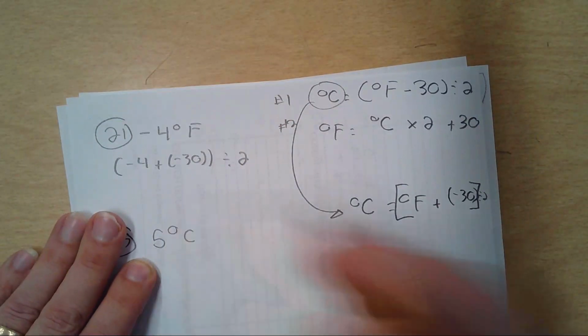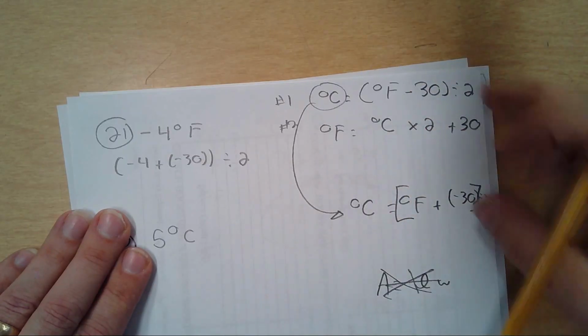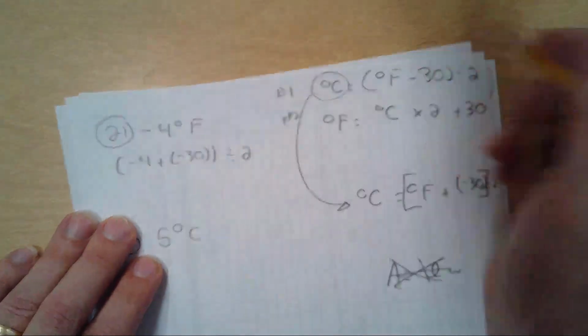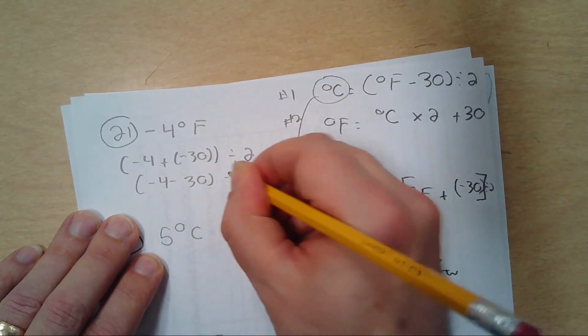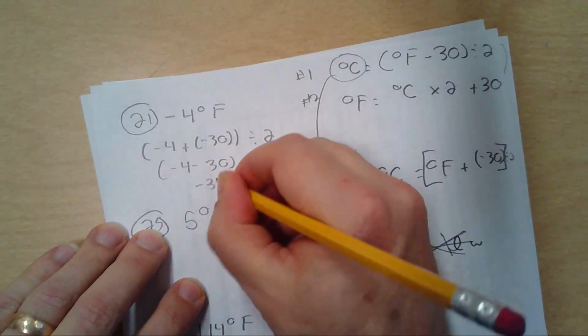So -4 subtract 30 is? Or add a -30, whatever you want. Did you do it? Yeah. Oh, -34? Okay. And what do I do with that?